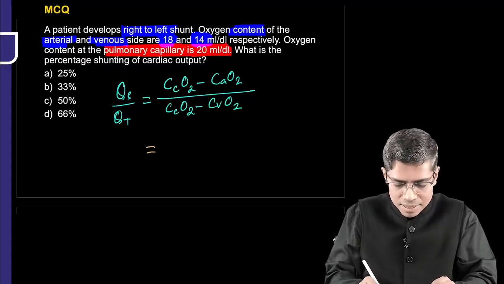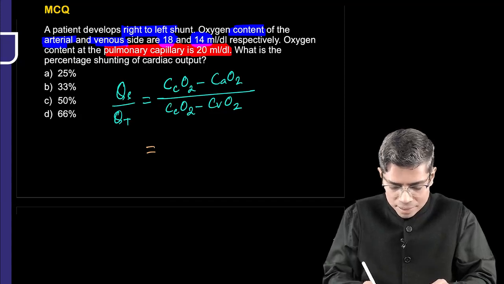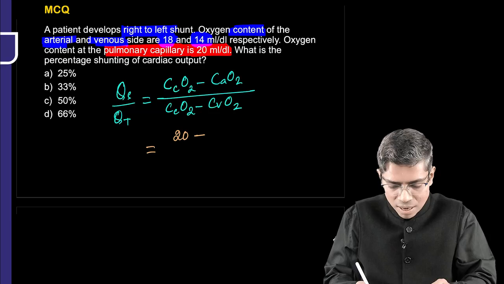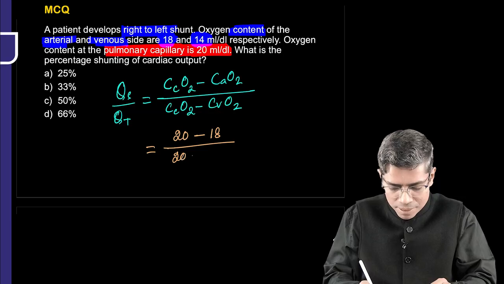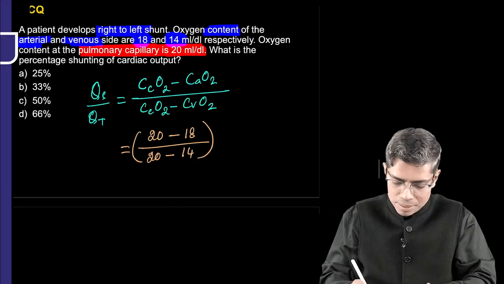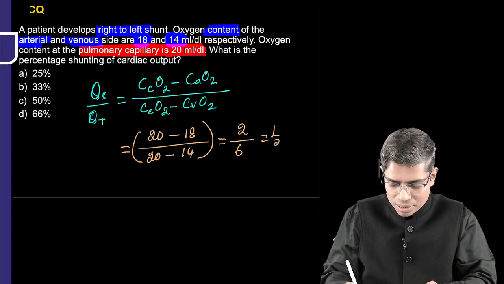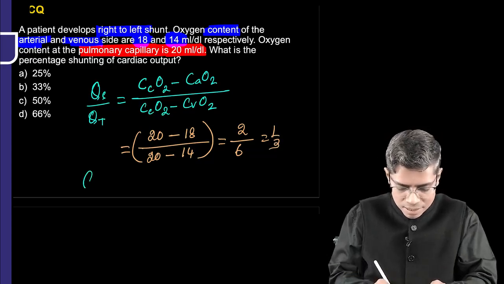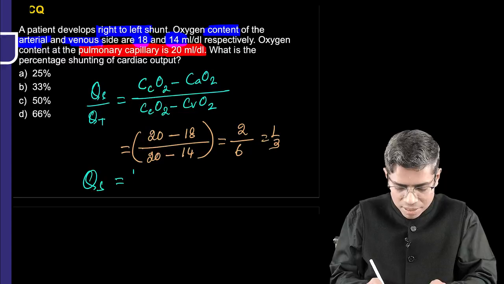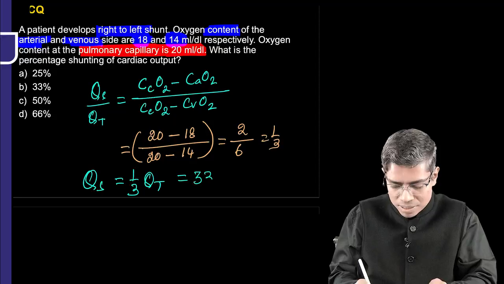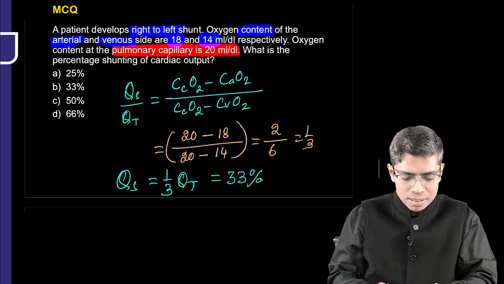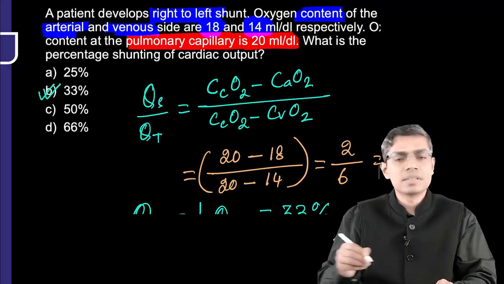Then I am writing CcO2 pulmonary capillary, that is 20, minus CaO2 arterial blood, that is 18, upon CcO2, 20, minus venous blood, that is 14. So 20 minus 18 is 2, upon 6, that is 1/3. So I can say that the shunt portion here is 1/3 of the total cardiac output. 1/3 means 33%, and clearly the answer will be this one.